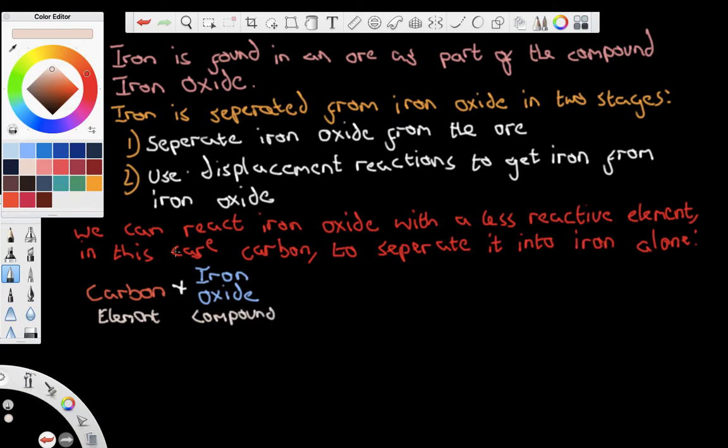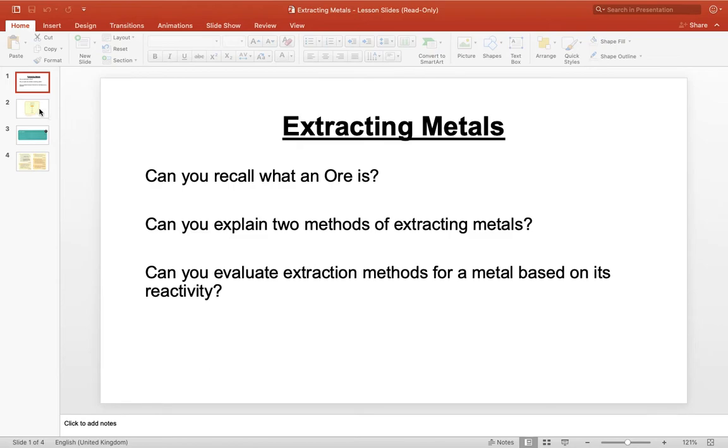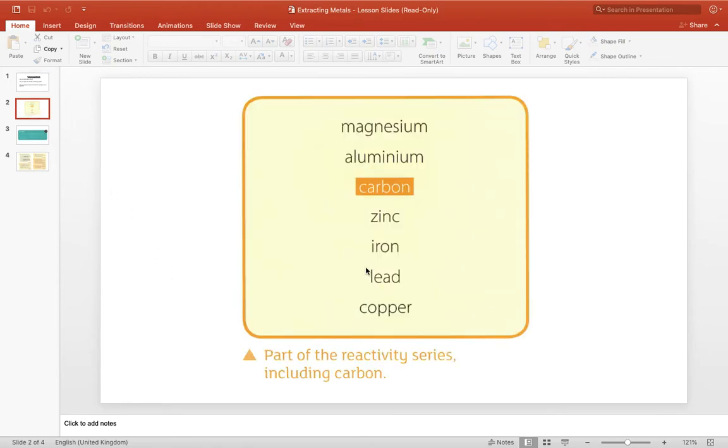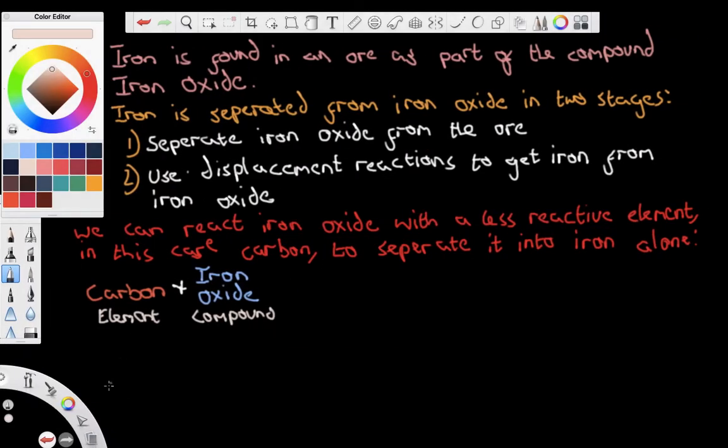Carbon is more reactive than iron, as shown in the reactivity series that we've got on the PowerPoint here. Therefore, the carbon is going to replace the iron in the iron oxide.